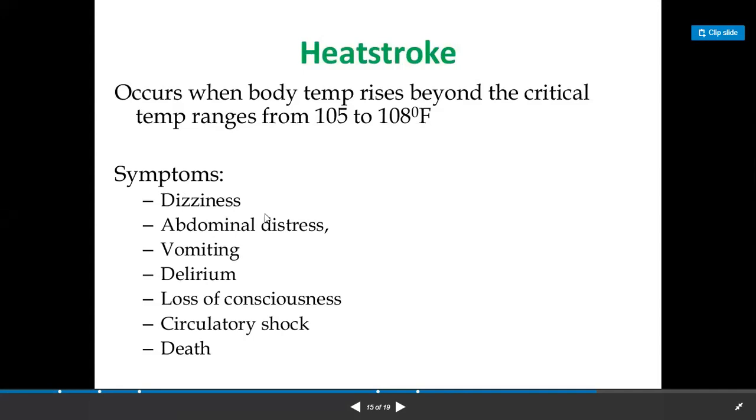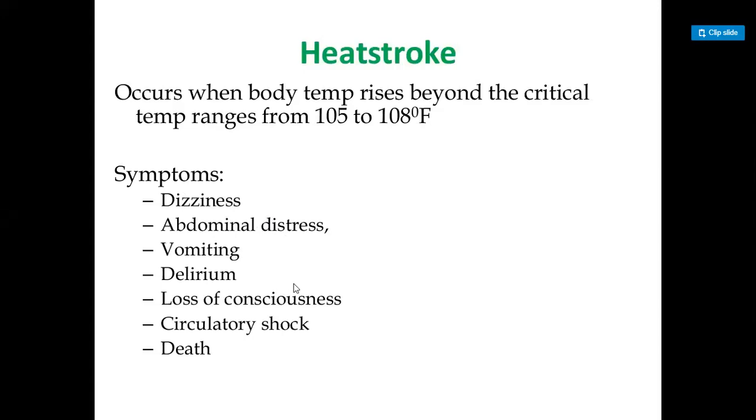Symptoms: dizziness, abdominal distress, vomiting, delirium, loss of consciousness, circulatory shock, and even death, because when the temperature rises like this, there will be an excess increase in metabolic activities, and that can lead to destruction of cells, excessive production of metabolites that are not needed.